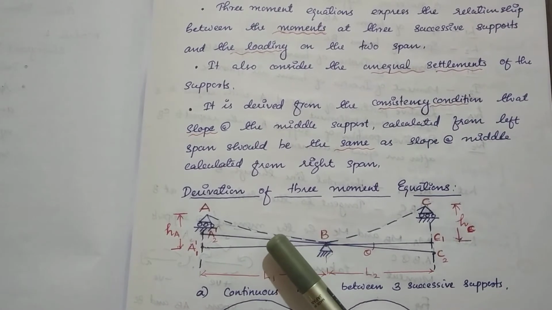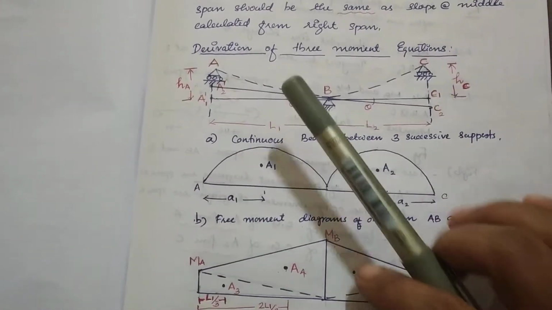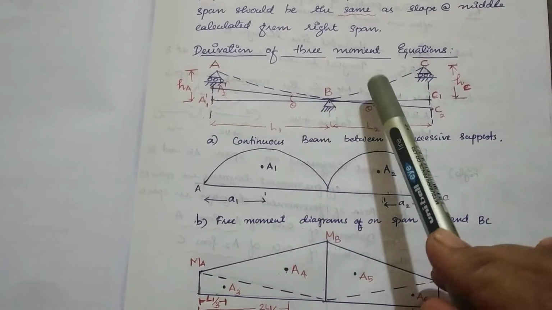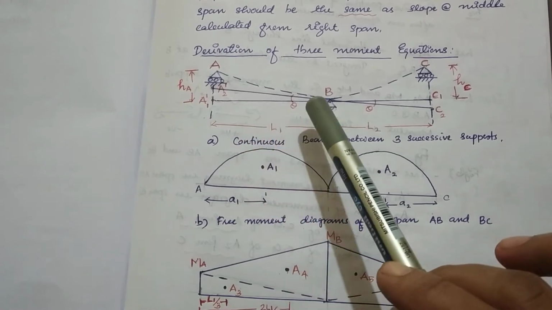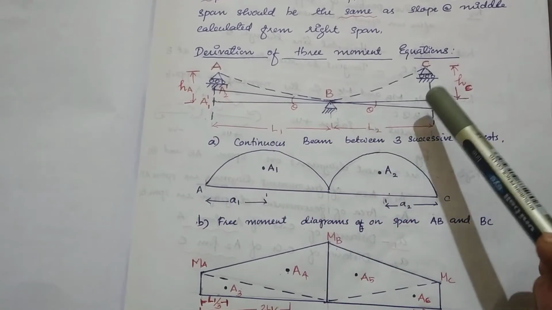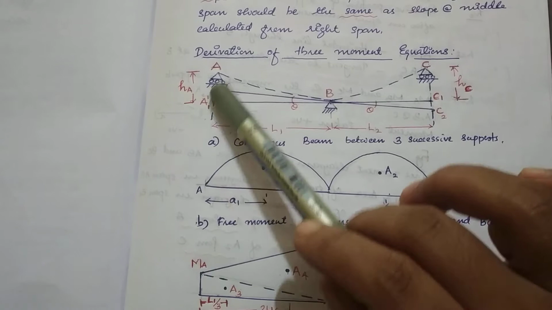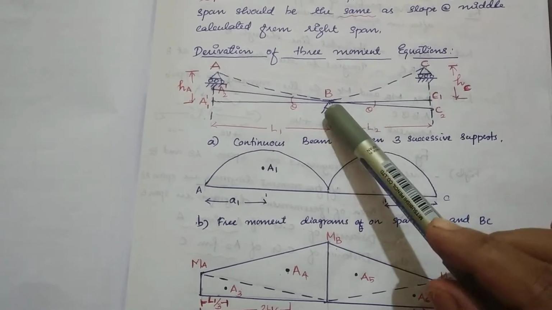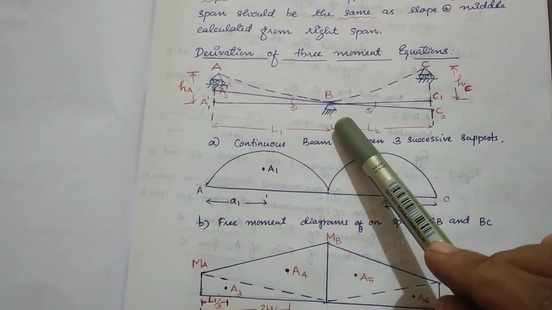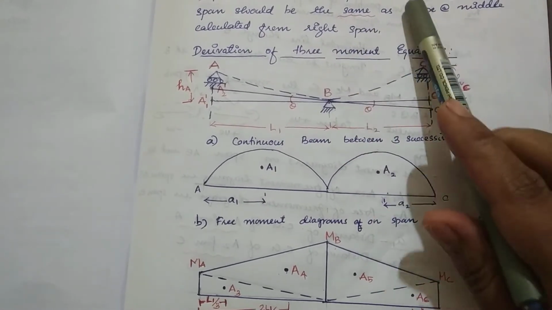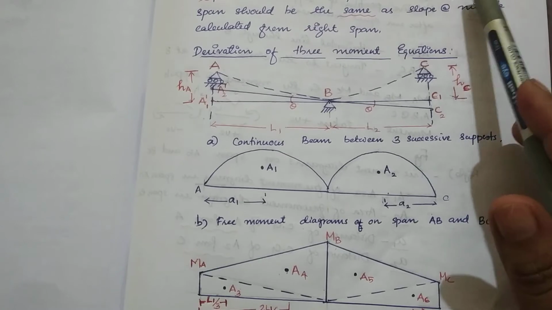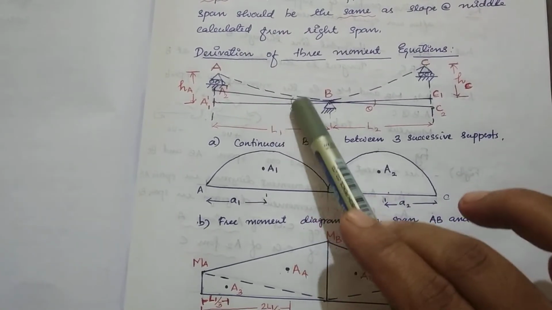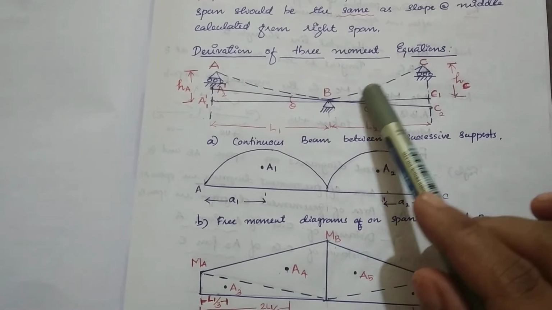Next we go through the derivation. In this derivation we consider three supports and two spans. Support A and support C settle, and the settlements of supports A and C are HA and HC. B is the middle support. The consistency condition in this case is that the theta value on the left-hand side is equal to the theta value on the right-hand side.